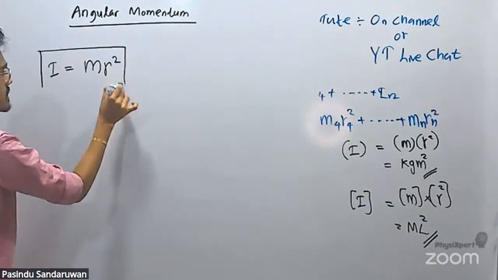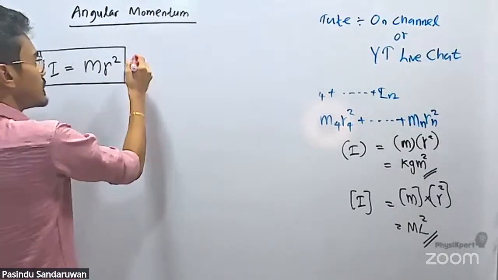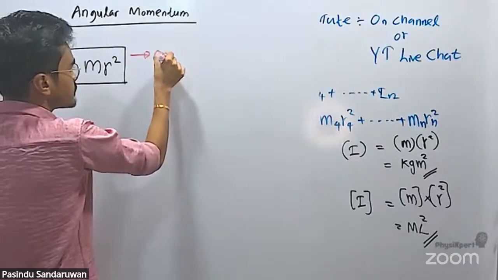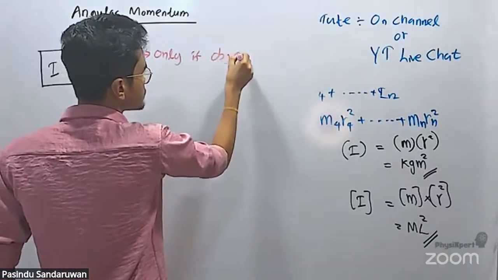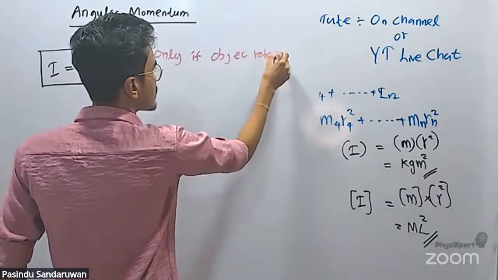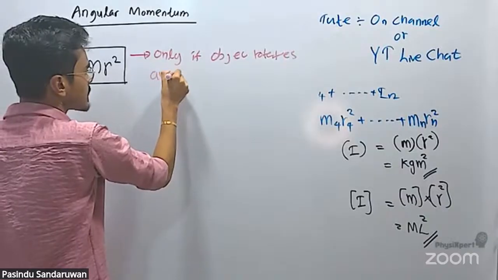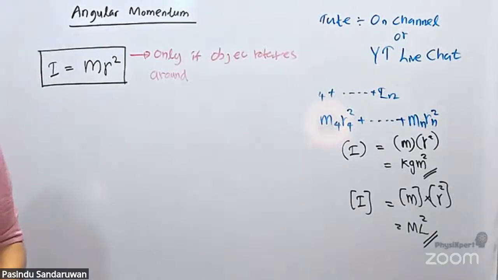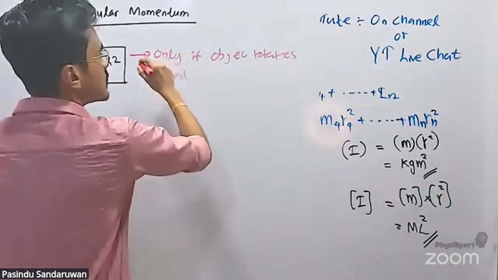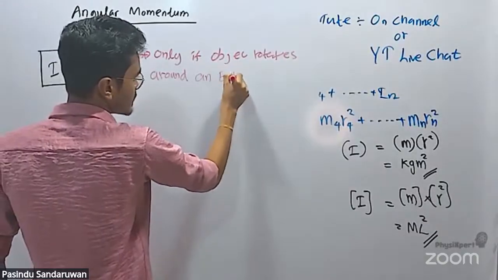But this is valid only if the object rotates around an external axis.